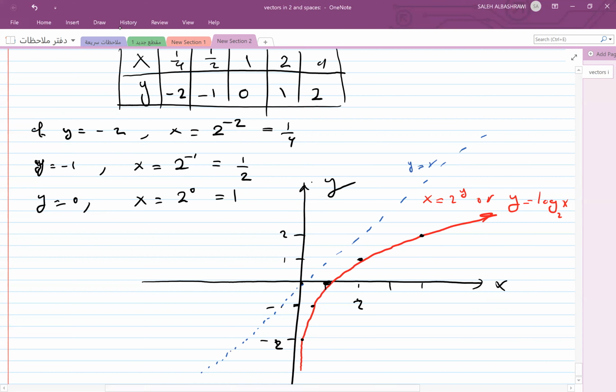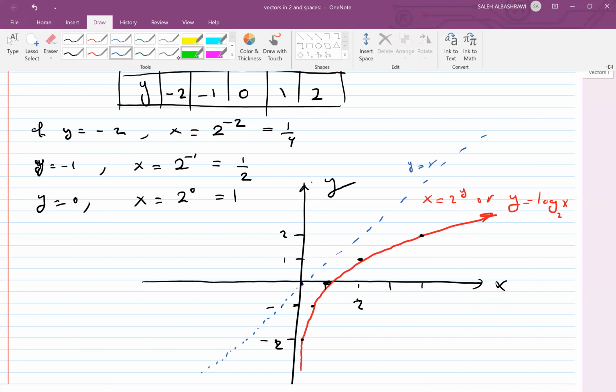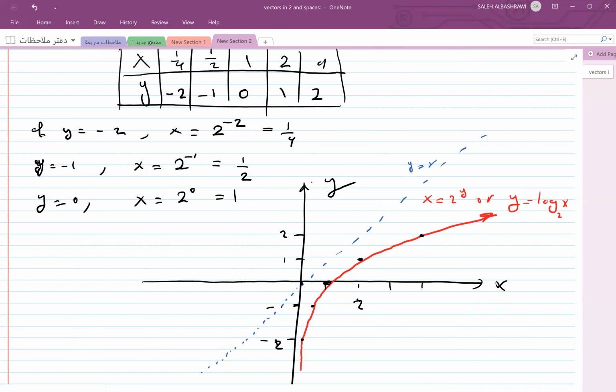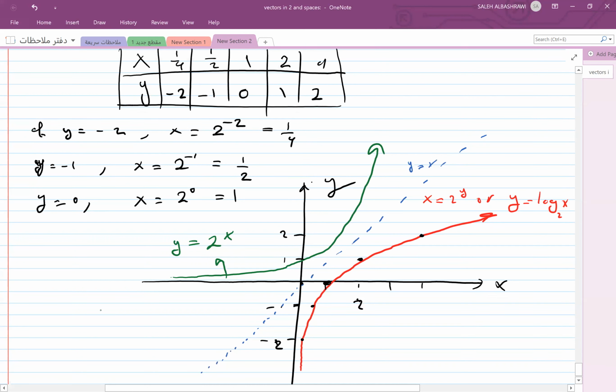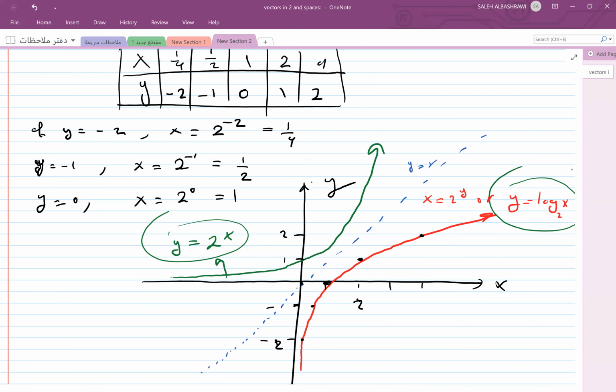If we take the reflection of this one, I will have the function y equal to 2 power x. Y equal to 2 power x is the inverse of y equal to log x with base 2. And since they are inverses, we'll see they are symmetric around the line y equal to x.